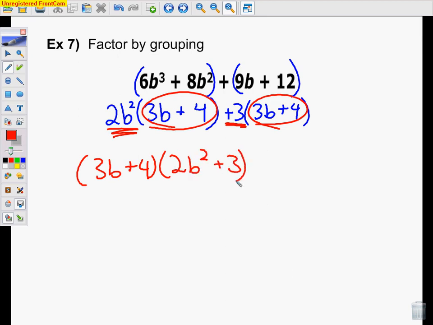Now, one thing I do want you to notice, again, is that these two parentheses are the same. If they're not the same, you have done something incorrect, or they just can't be factored. Okay? So these need to be exactly the same.